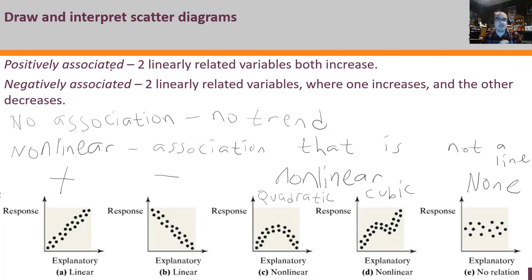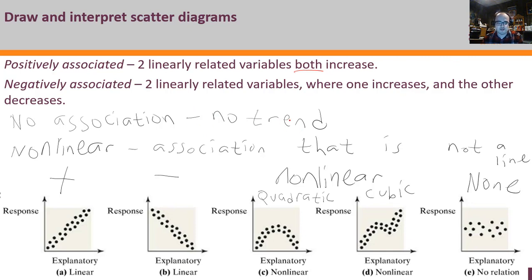Now we can interpret these scatter diagrams a bit. We can have a positive association, negative association, no association, or a nonlinear association. A positive association is when two linearly related variables both increase. A negative association is when two linearly related variables are such that one increases and the other decreases.